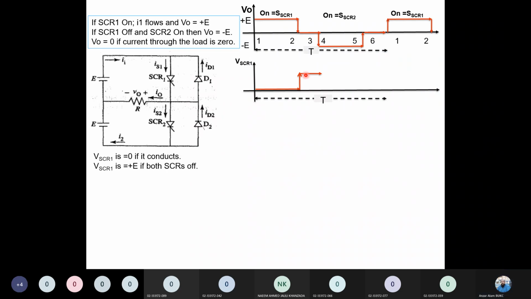Now, the statement is voltage across the SCR1 is plus E if both SCRs are off. दोनों के दोनों ऑफ होंगे तो voltage across the SCR1 भी plus E होगा and voltage across the SCR2 भी plus E होगा. So we will see it. But because we are just focusing on the SCR1, we have to limit this one for specifying only the SCR1 voltage and the current. Next, what happens now?